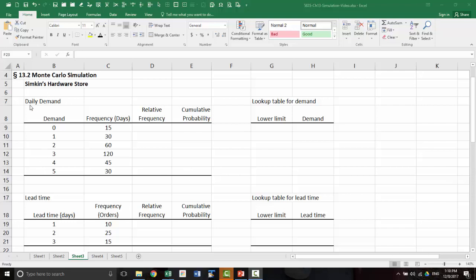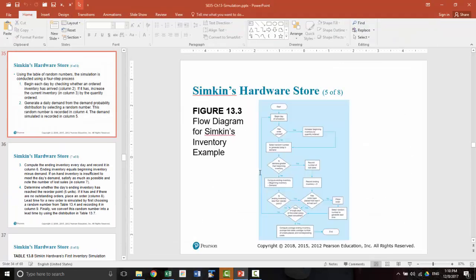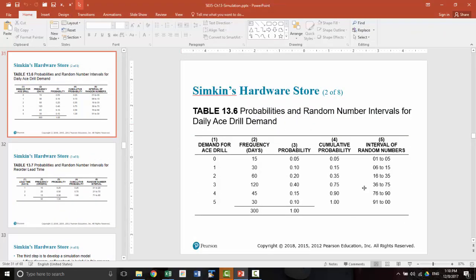Okay, so now we have the Simkin hardware store, and the demand frequency distribution is right here. We saw that in the PowerPoint file, say from here.